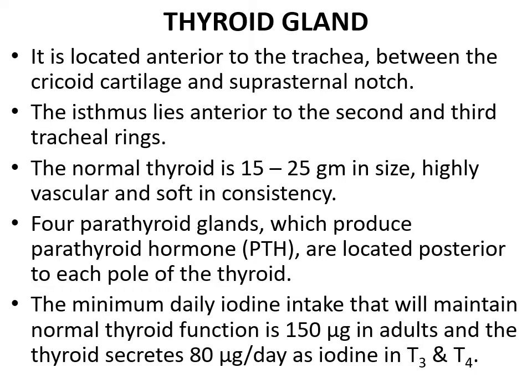The four parathyroid glands produce parathyroid hormone, located posterior to each pole of thyroid.